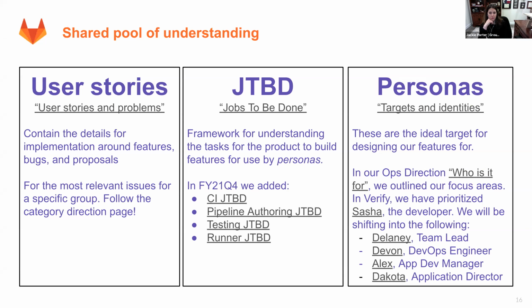You're so right. We're going to use all of those different components and differentiators to inform our user stories that we build with jobs to be done. And we're going to focus on really specific personas to enable our stories inside of fiscal year 22.